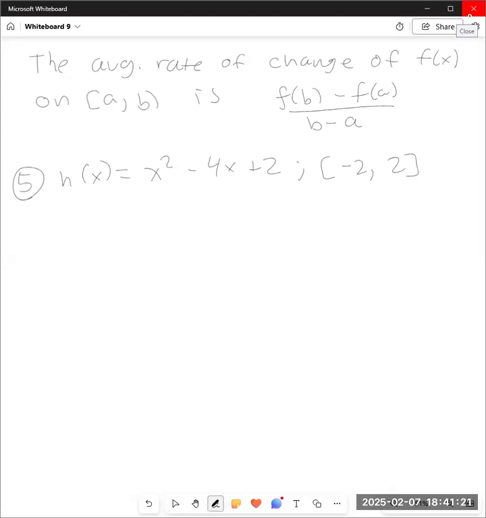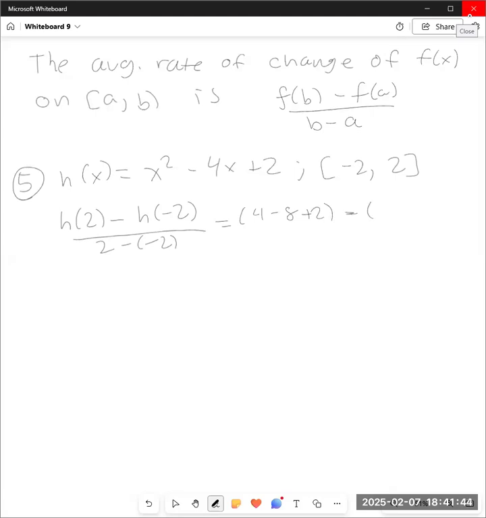So let's go ahead and find h of 2 minus h of -2 over 2 minus -2. That's going to be 2 squared is 4 minus 4 times 2, that's minus 8, plus 2.